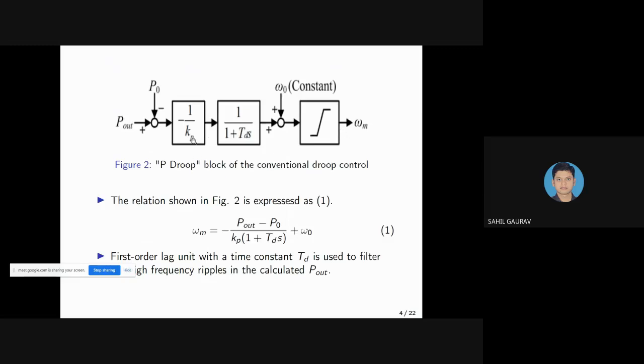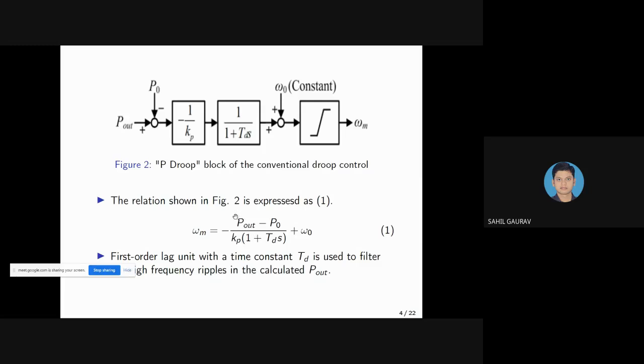If you want to express this whole block as a mathematical expression, we can write it as omega m is equal to minus (P out minus P naught) Kp divided by (1 plus Td s) plus omega naught. You can also verify the two points from this mathematical expression.